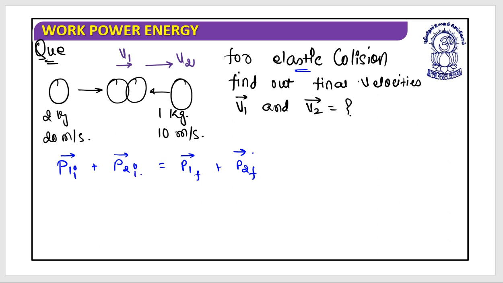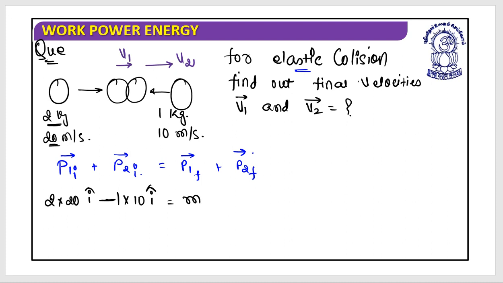I am writing all this in vector form. So what I have is 2 into 20 i cap, moving in the positive x direction, and minus 1 into 10 i cap. The minus has been written because it is moving in the negative x direction.